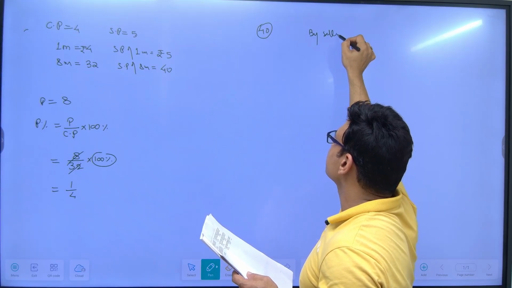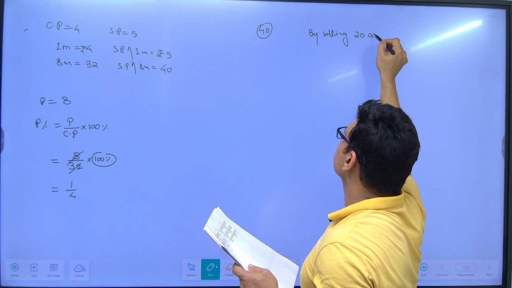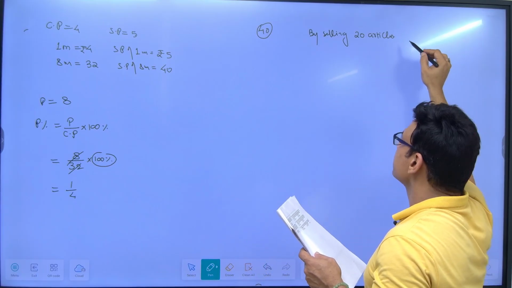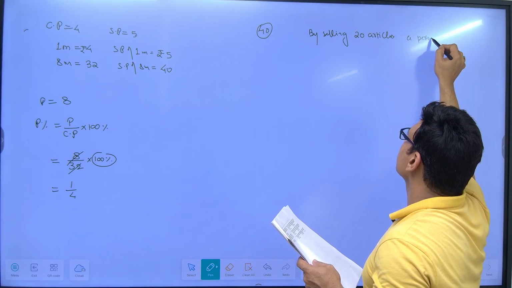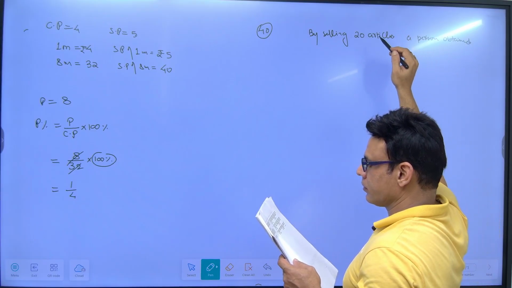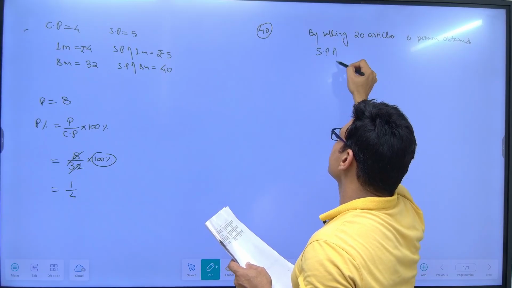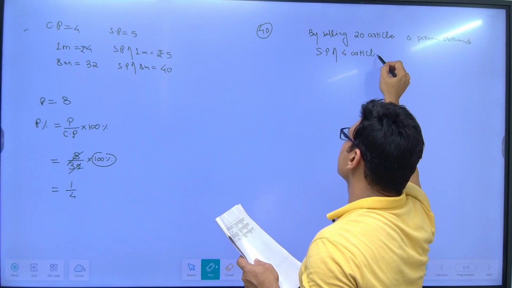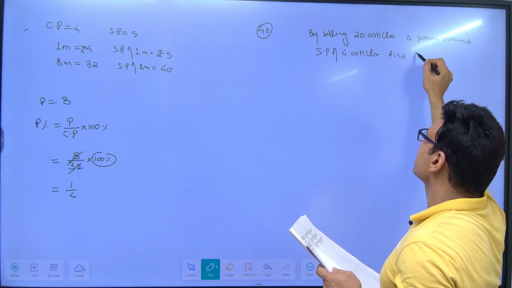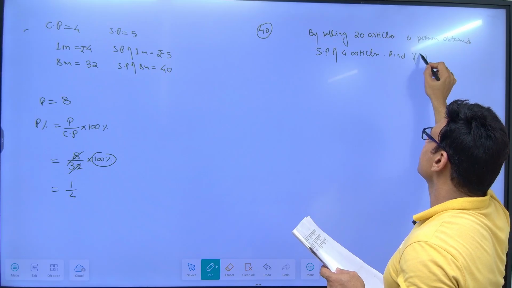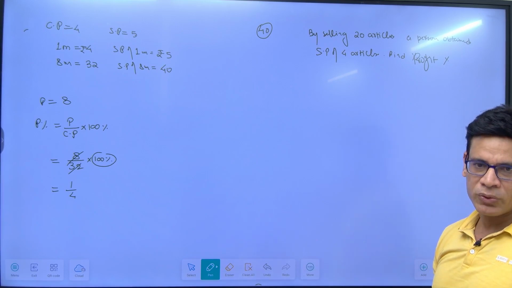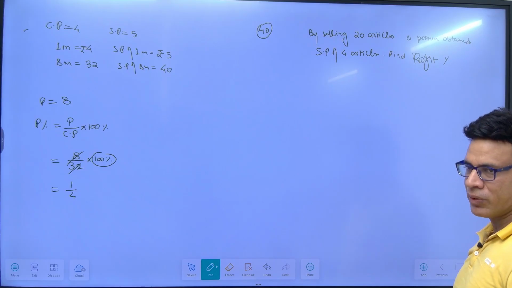So by selling 20 articles, a person obtained the selling price of 4 articles as profit. Find the profit percentage. This question is exactly similar to the previous one which we have solved.